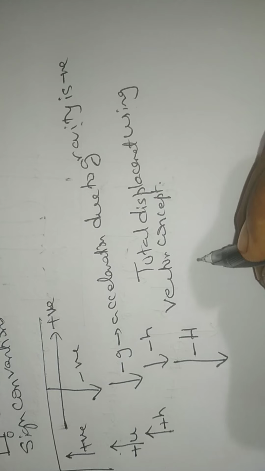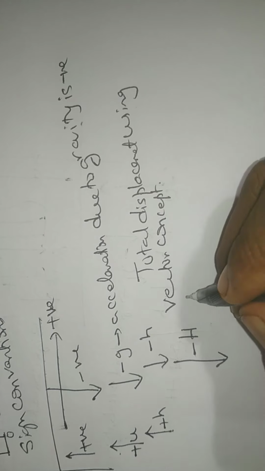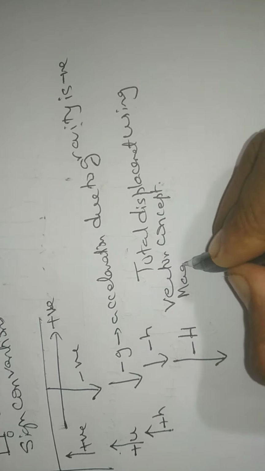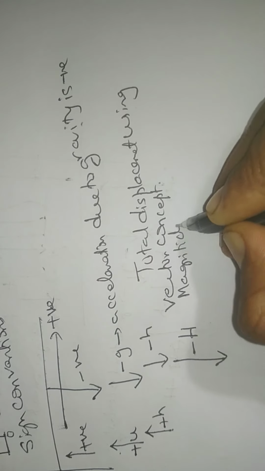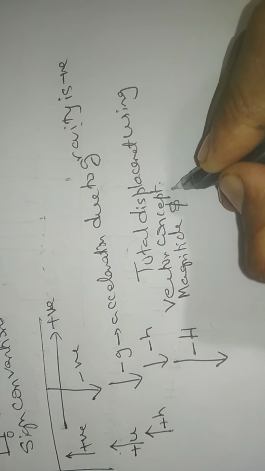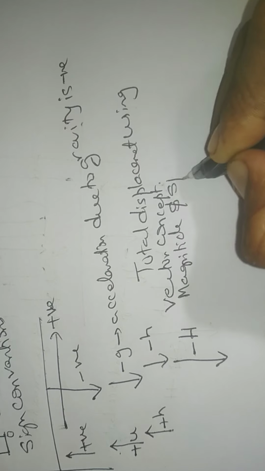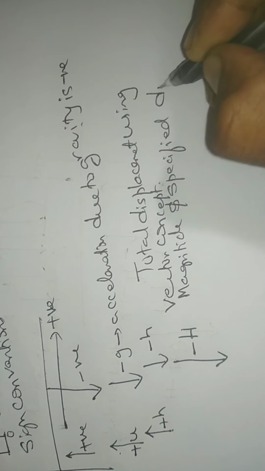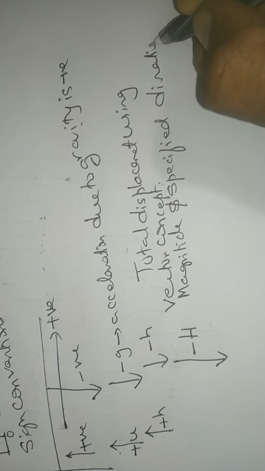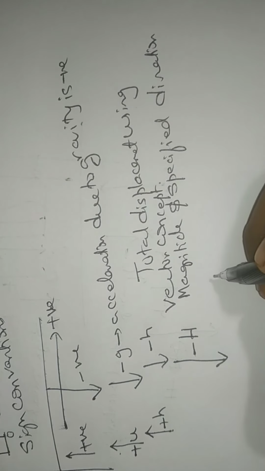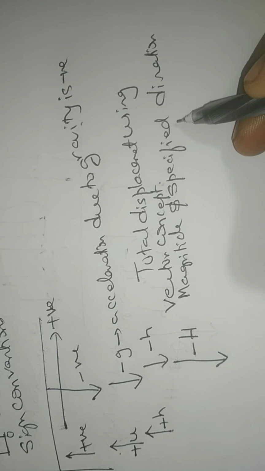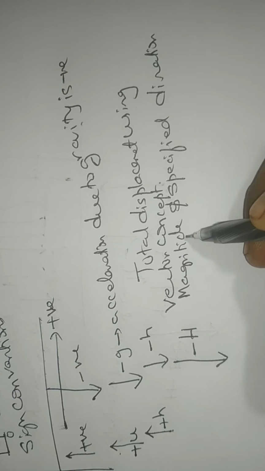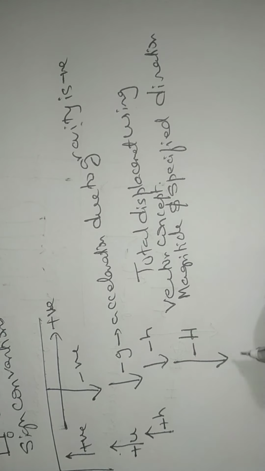A vector is a physical quantity which has both magnitude, a measurable number, and also a specified direction. That's why it's called a vector quantity. Otherwise, if it has only magnitude, it's called a scalar quantity. Now we're going to use this definition.